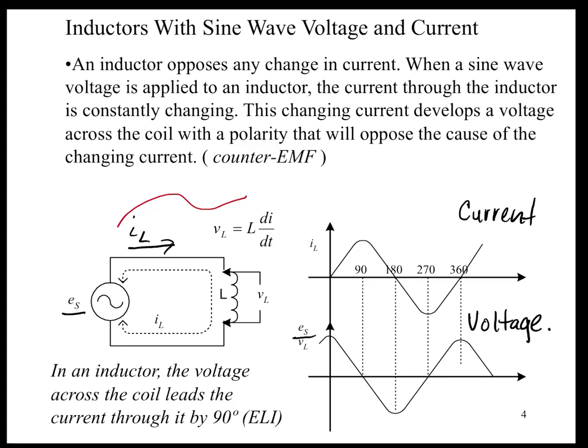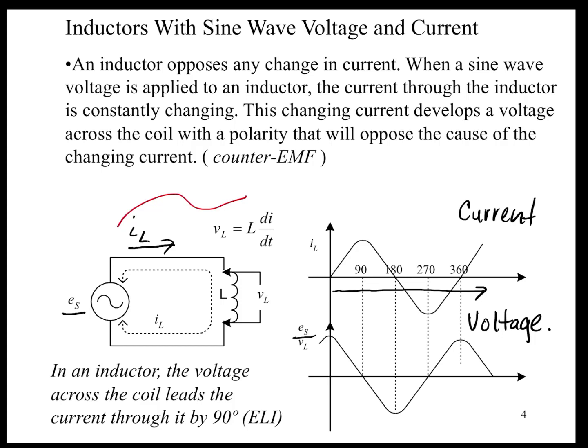And so when we have an ideal inductor connected to an AC source, as you can see, we've got the x-axis of these graphs calibrated in degrees. Now we know that can be calibrated in time, it can be calibrated in radians or degrees. In this case we have it calibrated in degrees.